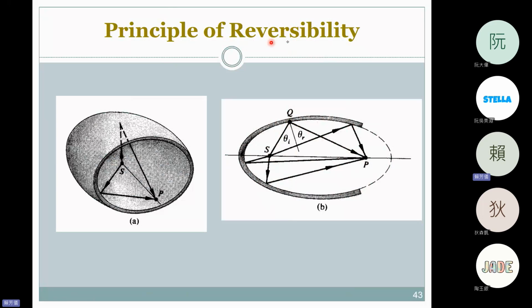So reversibility tells us that if the source is here and the P point is the image, then if we put the source at P, the image will be at S, because light has the property of reversibility.